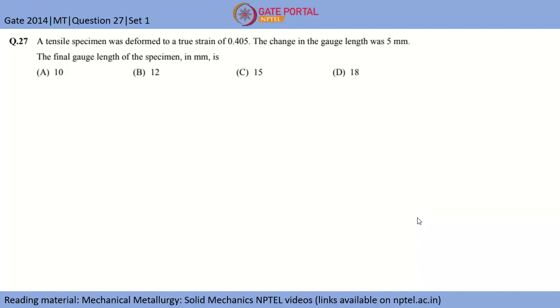You need to find the final gauge length of the specimen. If you know this formula, some simple mathematics can give you the answer. I will give you 3 minutes to solve this.